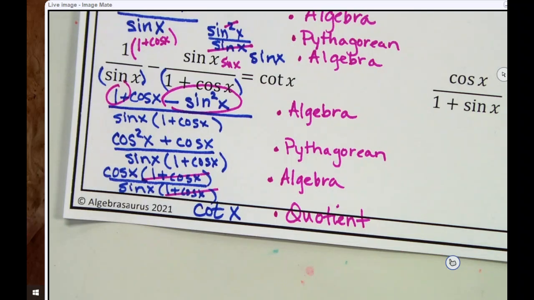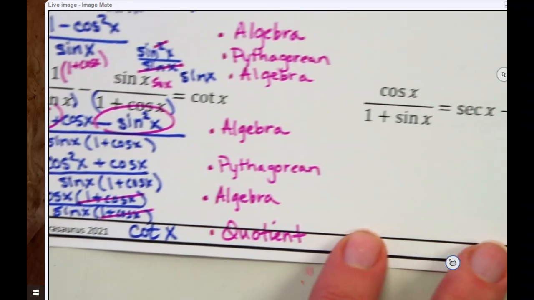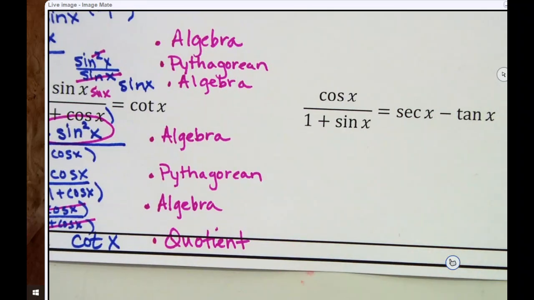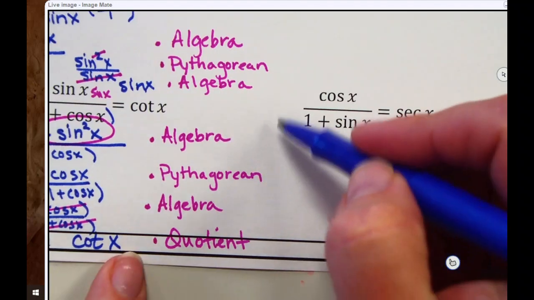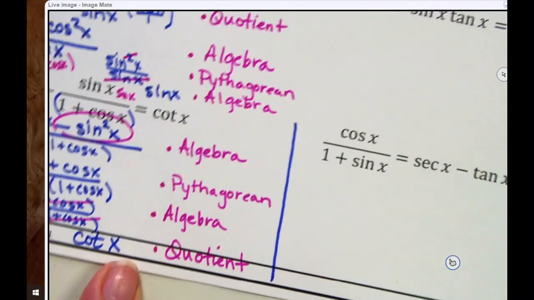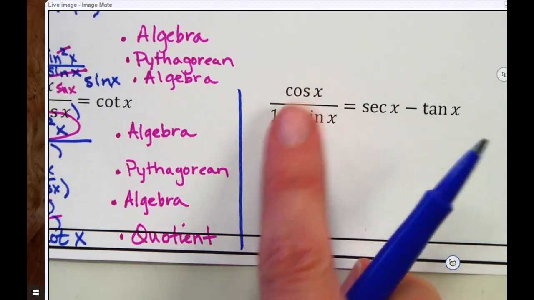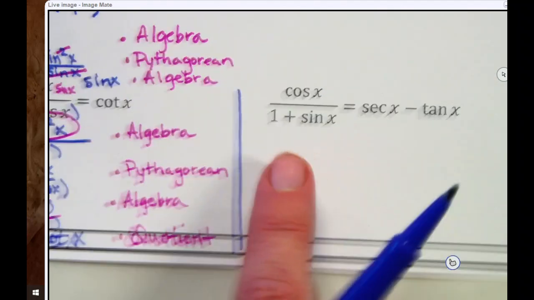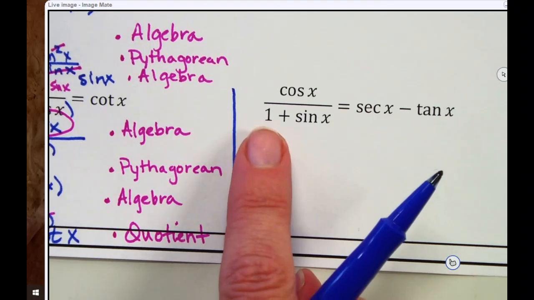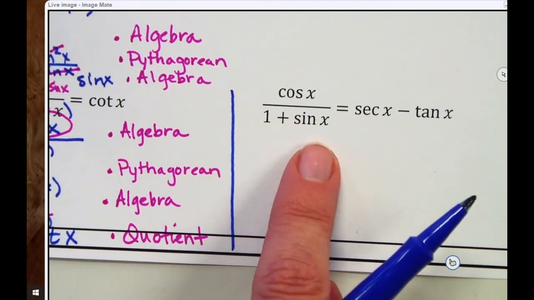How you guys feeling? Now, this one over here has a trick. There is no way for me to pull this fraction apart. I do not have an identity that says 1 plus sine of x equals something.